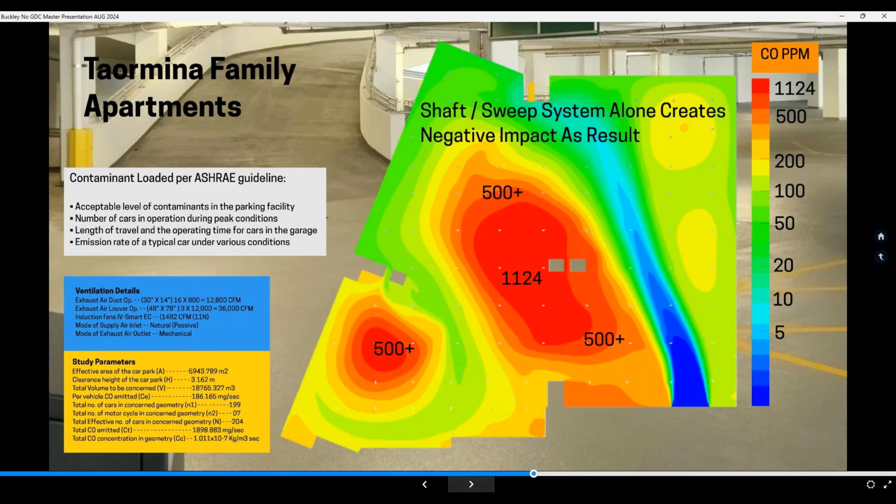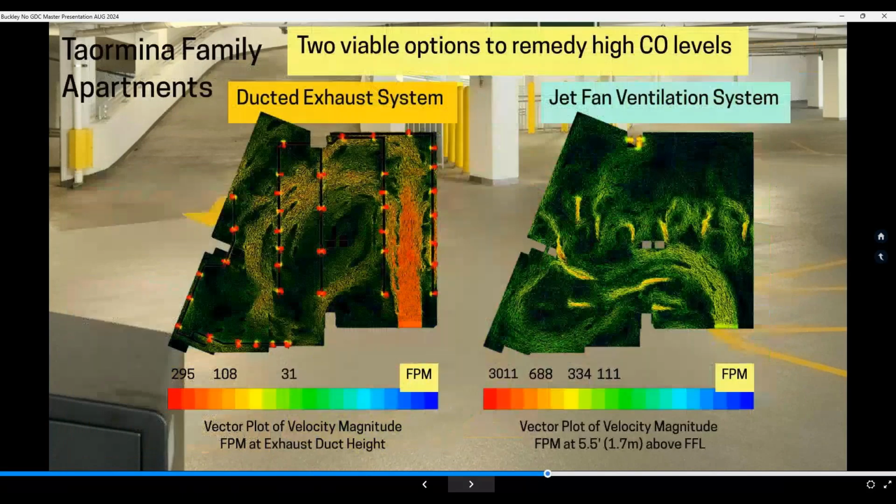Under maximum ventilation, this garage could expect areas that are 500 up to 1,124 parts per million of carbon monoxide. So the sweeping system, shaft alone, is not an option. So his next option was a ducted exhaust system. And then obviously SystemAir presented the third option, which is a jet fan ventilation system.